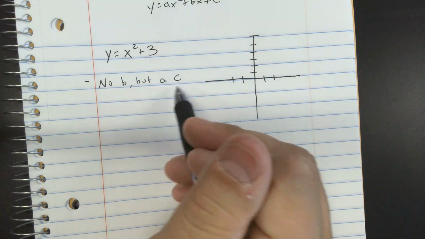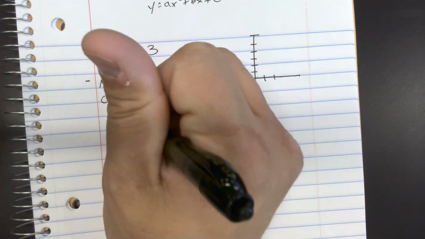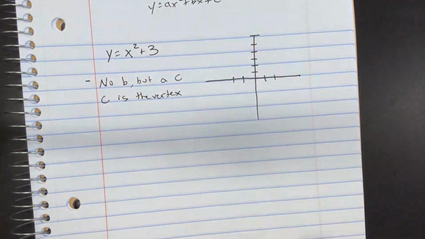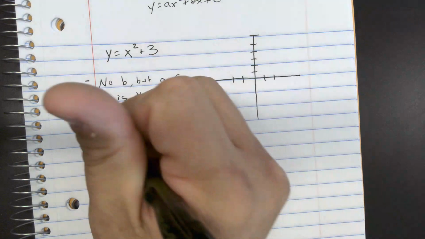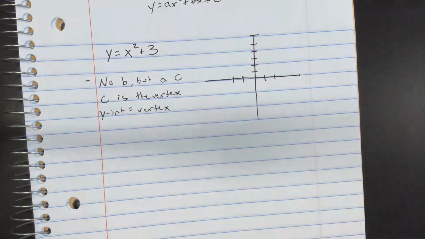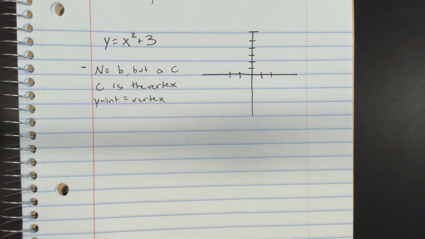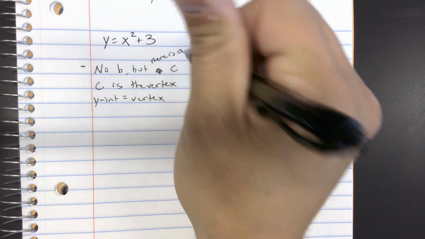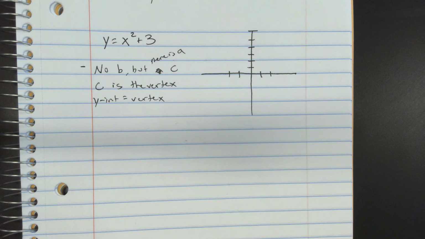So if no B but a C, C is the vertex. So our y-intercept equals the vertex. So no B, but there is a C. C is the vertex, or the y-intercept is the vertex.